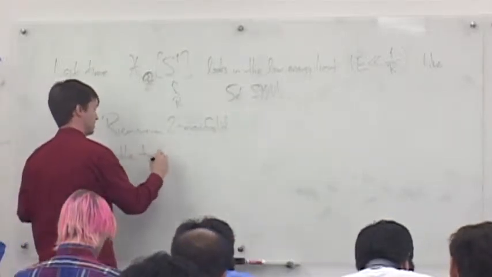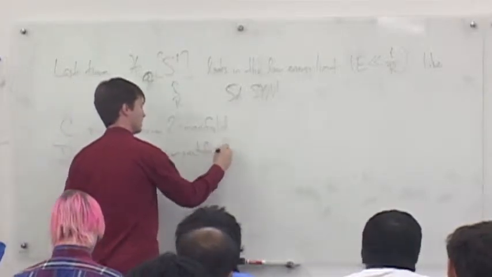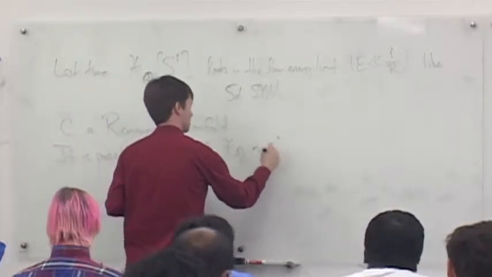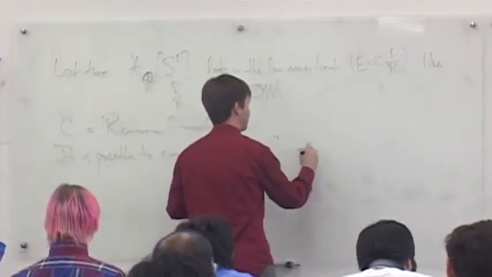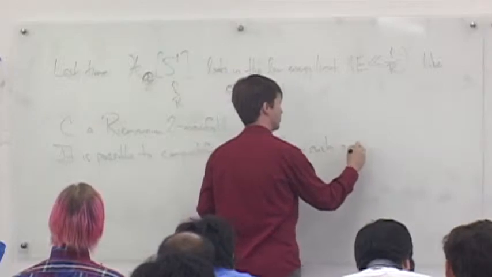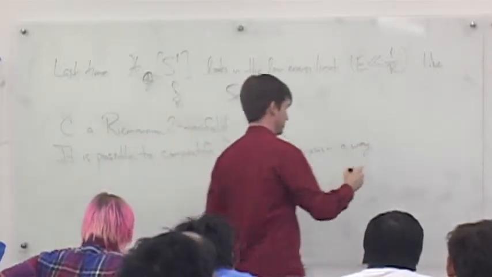So it is possible to compactify theory X on a 2-manifold in such a way. I told you that there are some choices involved in general in formulating what you mean even by the compactification of the theory.